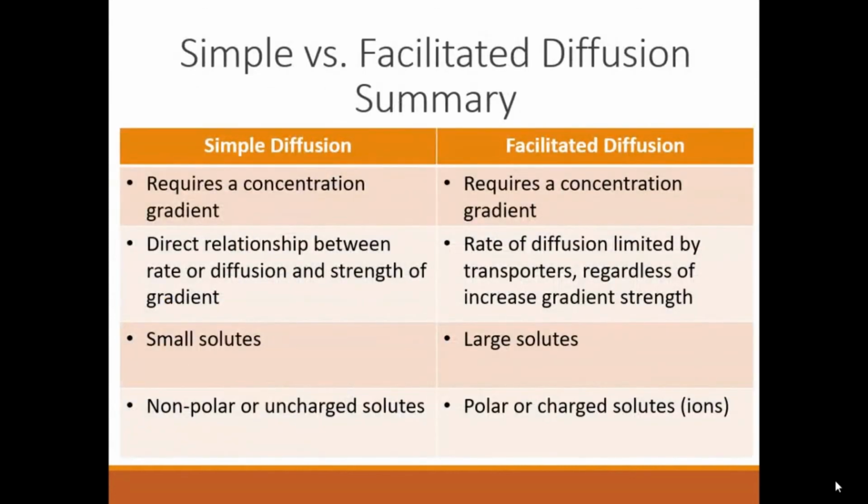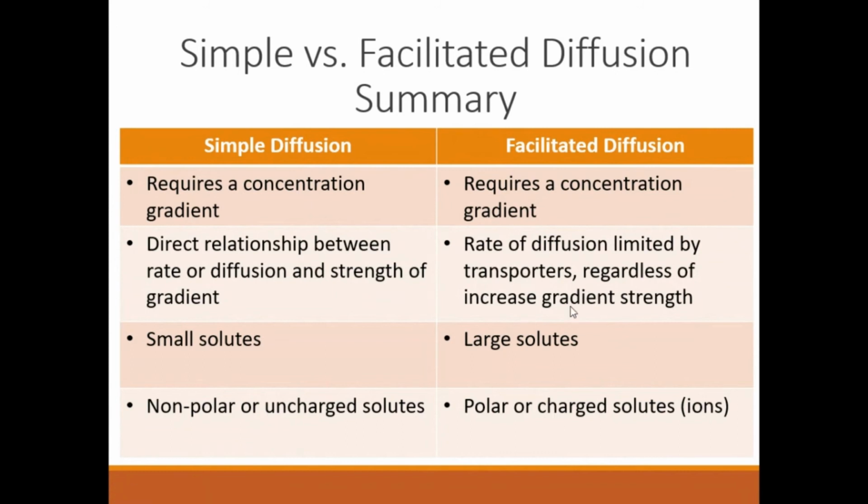So, simple versus facilitated. They both require a concentration gradient. You will always see random movement of solutes in the direction of high concentration to low. For simple diffusion, the higher the concentration gradient, the higher the rate of diffusion. For facilitated, that's only going to be true up to a point.